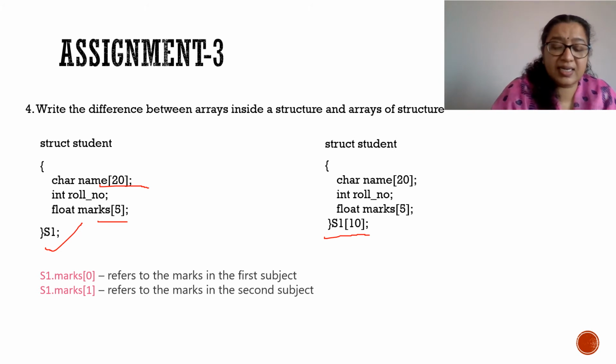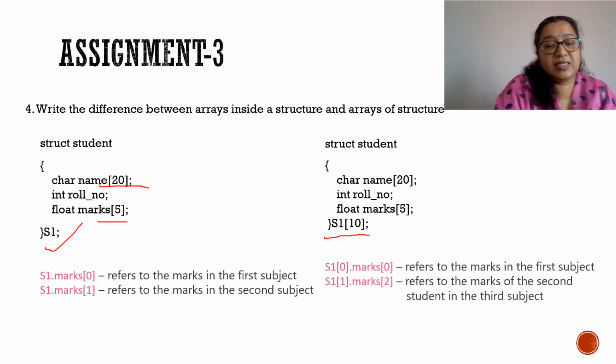And in arrays of structure, how can we refer to the elements? Say we want to enter the first student's marks. S1 of 0, see the index number of S1. The first student's first subject mark we want to enter: S1 of 0 dot marks of 0.